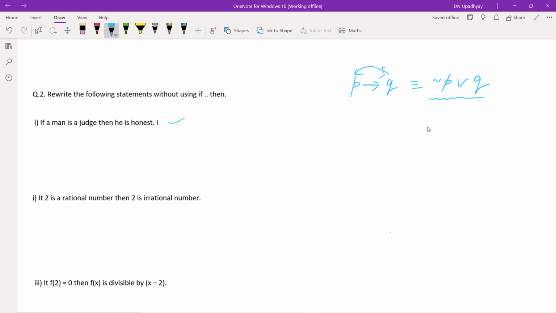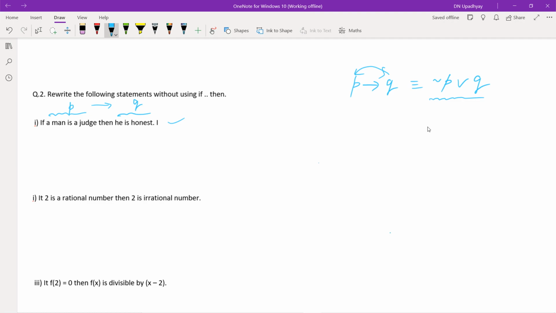So using this, we can write down very easily this first term. If you see, if a man is a judge, then he is honest. So basically, if a man is a judge, this one is P, then he is honest. This one is Q, and there is a sign of implication. So if and then, and what is the rule?